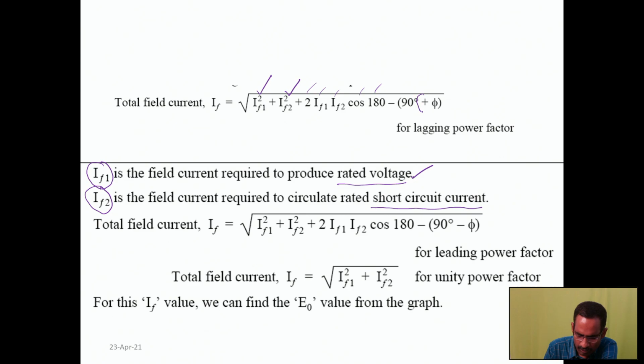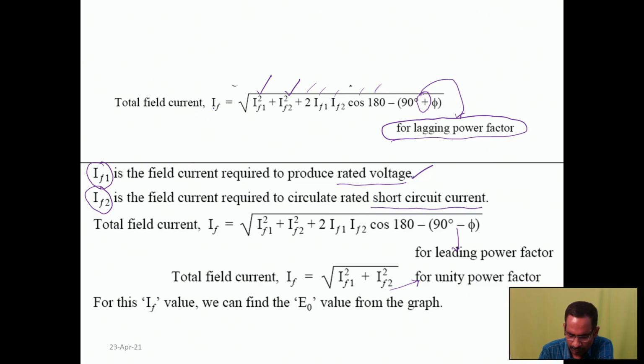Whether we are going to use plus or minus here, it is based on the type of load. If it is lagging power factor load, here it is positive. For the leading power factor load, it is negative. For the unity power factor, we don't have the angle difference. We are going to calculate from IF1 and IF2. So by using this formula, we can calculate the total field current requirement.